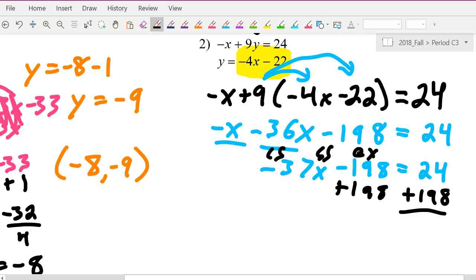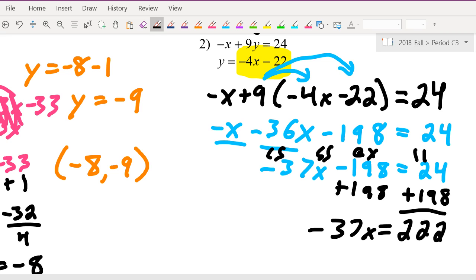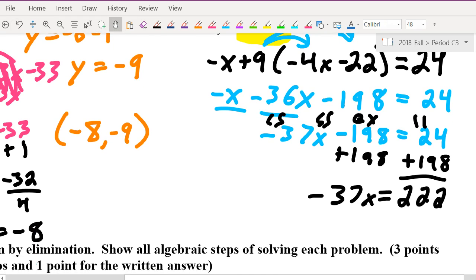We add it together and we get 222. So negative 37x equals 222. We divide by negative 37. Is it 6? Yeah, you're right. That's a big number, man. I can't do that in my head. Use the calculator. All right, so it's negative 6.